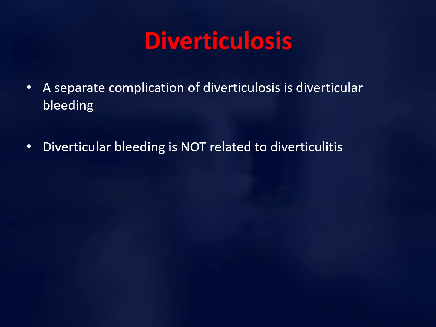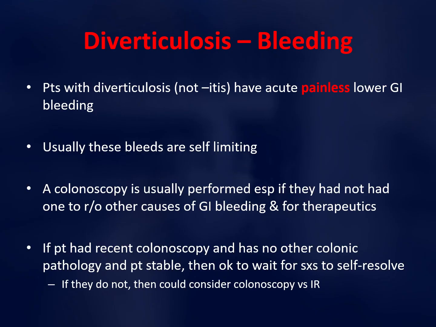Diverticular bleeding is not related to diverticulitis, and as already mentioned, bleeding and diverticulitis can occur in any diverticulum throughout the colon, but it's usually known that the left-sided and sigmoid diverticula usually get infected, and the ones on the right side have a tendency to bleed. If acute diverticulitis causes pain, bleeding from diverticulosis causes an acute painless lower GI bleeding. Usually these bleeds are self-limiting.